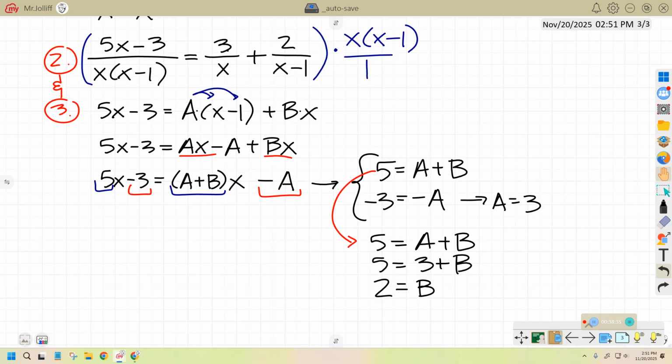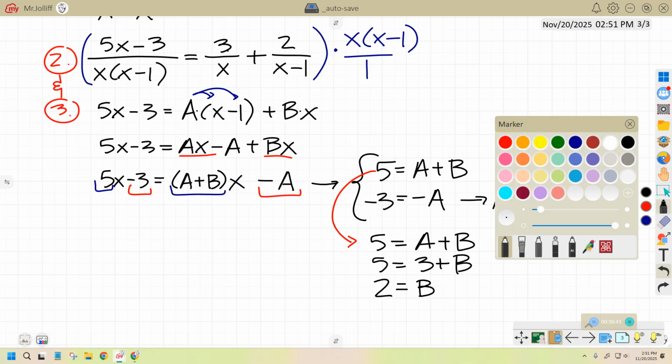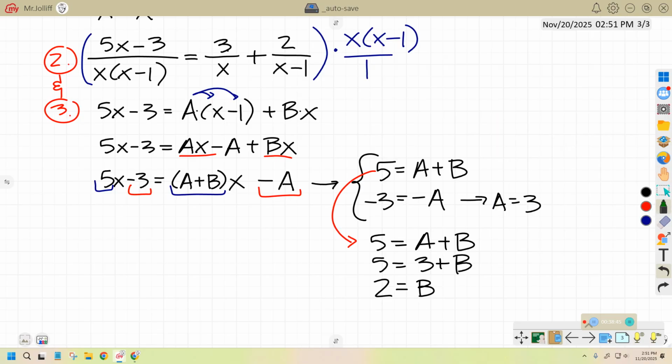Okay, so what I was doing down here is I recognized that both of these matched an mx plus b pattern. And I know that if 2 linear equations are equal, their slopes have to be the same and their intercepts have to be the same.